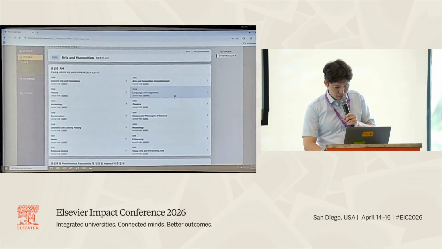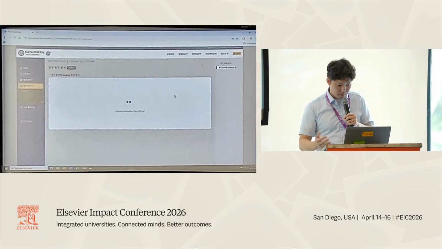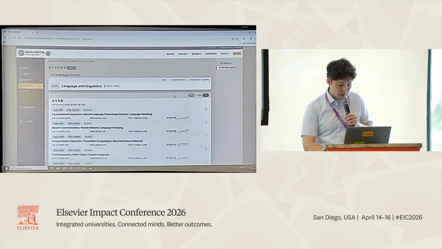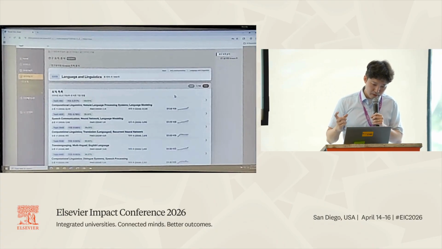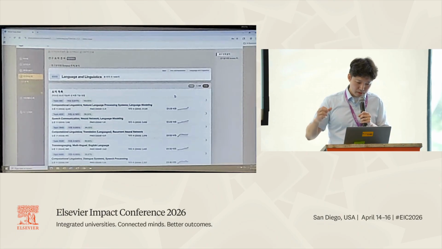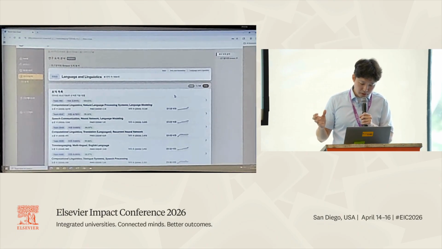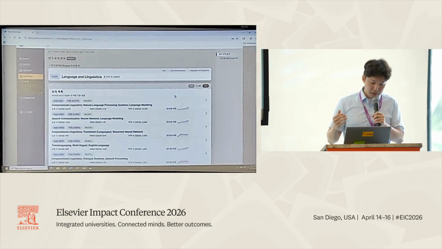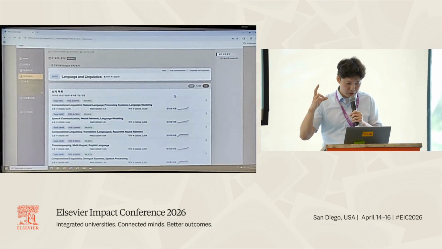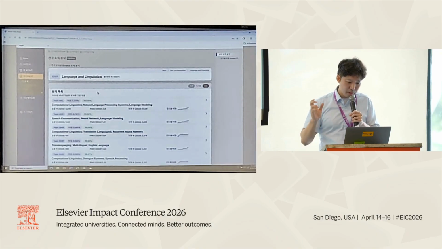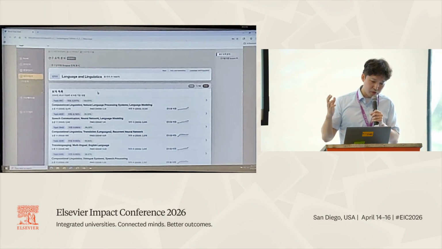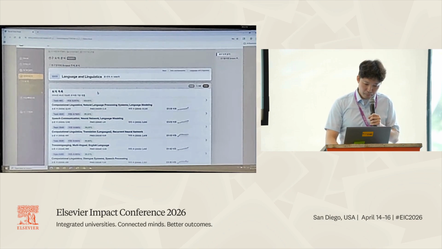And let me click language and linguistics. You can see the detailed subtopics within it. And the topics are sorted by their impact index within the arts and humanities as of 2024. So this means we are not just looking at research interest, prominence percentile, but at a ranking that directly reflects the actual volume of research.